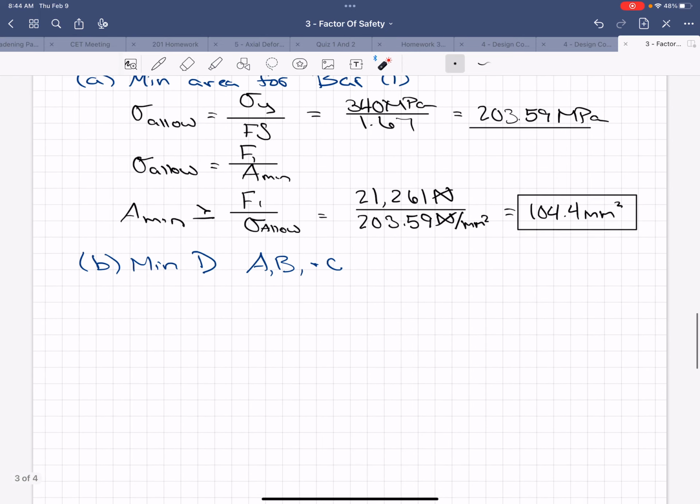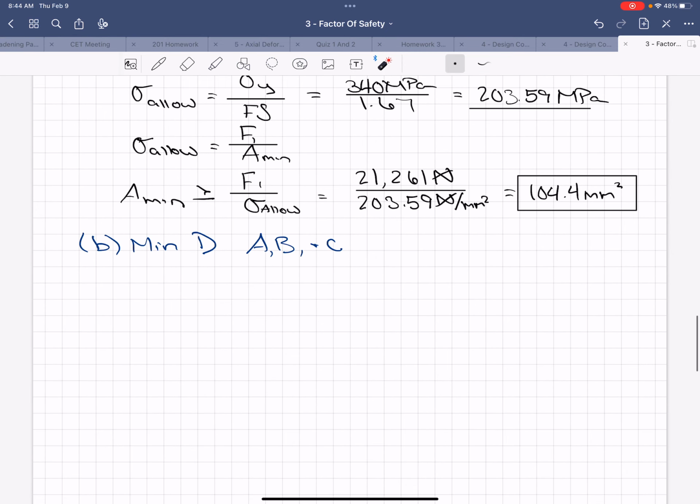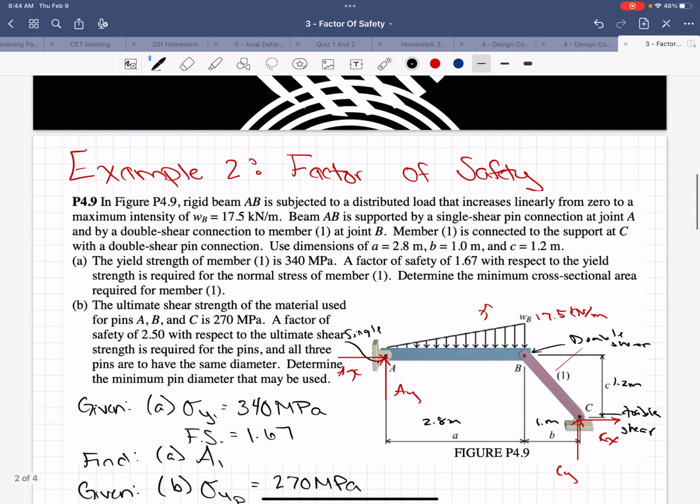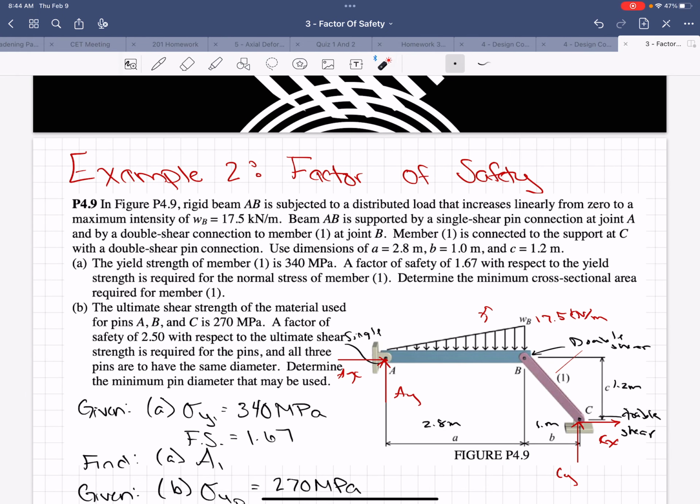Okay, so let's look at pin A. Well, first let's calculate the allowable shear stress, tau allow. That's right, we didn't even read part B. So part B. We're given an ultimate strength, so it's just an ultimate stress of 270 megapascals, and a factor of safety of 2.5.